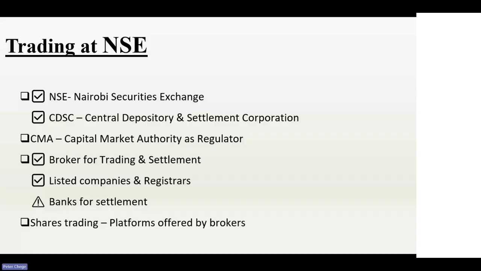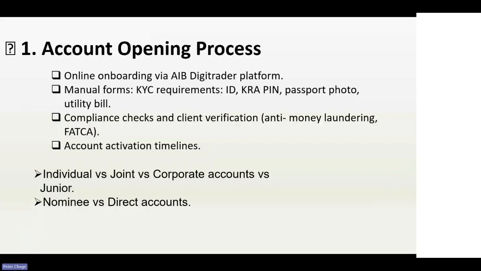If the settlement bank goes down, the broker will just move money to another settlement bank. The other party you need to be worried about is the listed company when they delist, and CMA will always give you that information. For the registrar, the company will only need to appoint a new registrar. Hope that is clear. Now go to the next part.